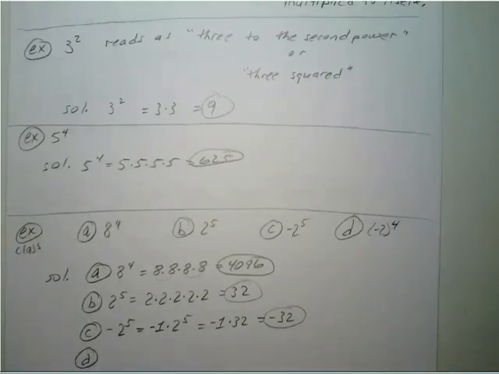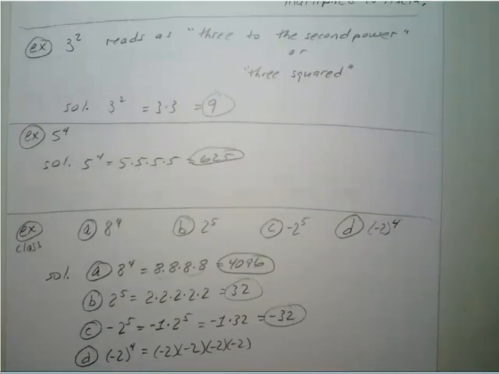Okay, so for problem D, if you have negative 2 in parentheses to the 4th power, then that's going to equal negative 2 times negative 2 times negative 2 times negative 2. Because this exponent up here on C only applies to the 2. It doesn't apply to the negative.